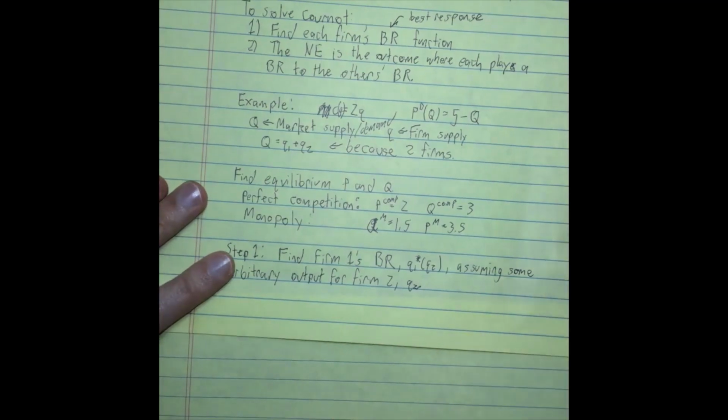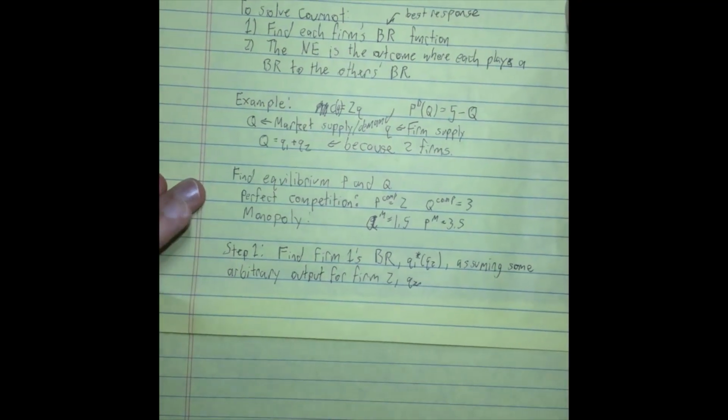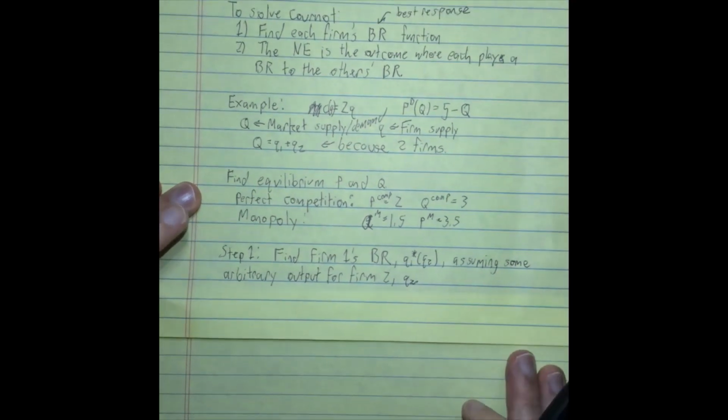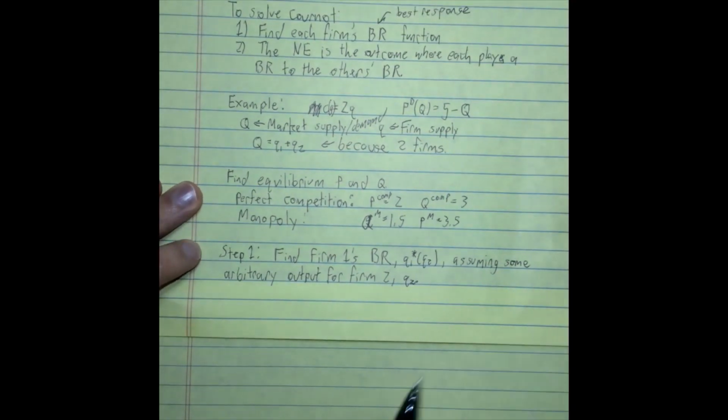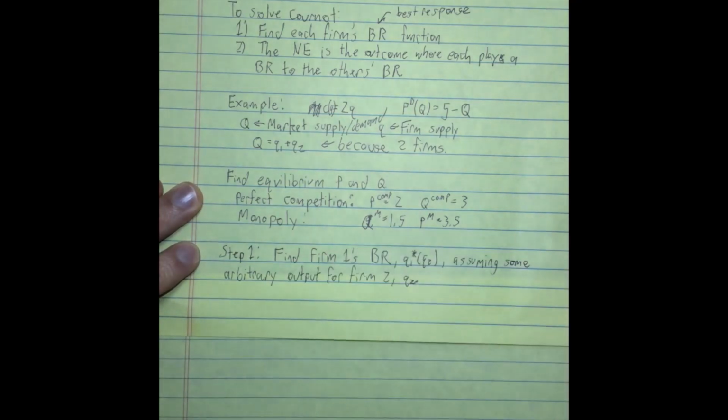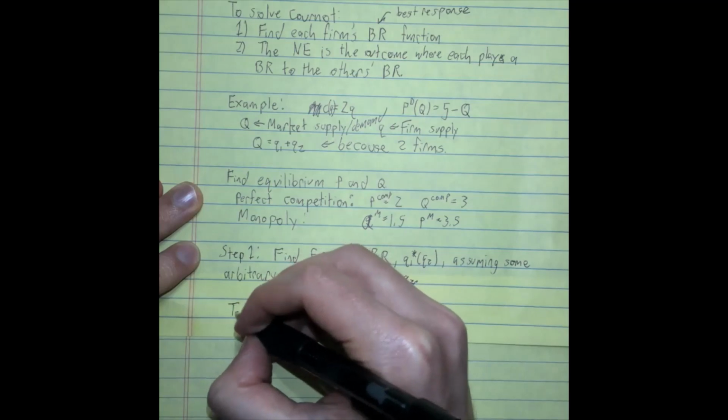So firm 1 thinks it knows how much firm 2 is going to produce. So then what do we do? Like always, how do we find firm 1's best response?